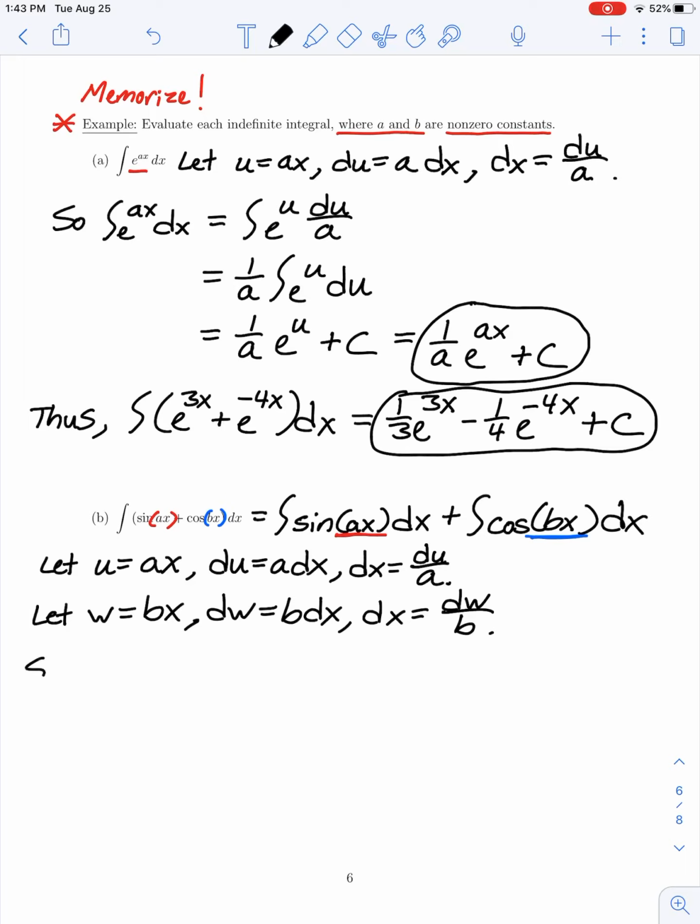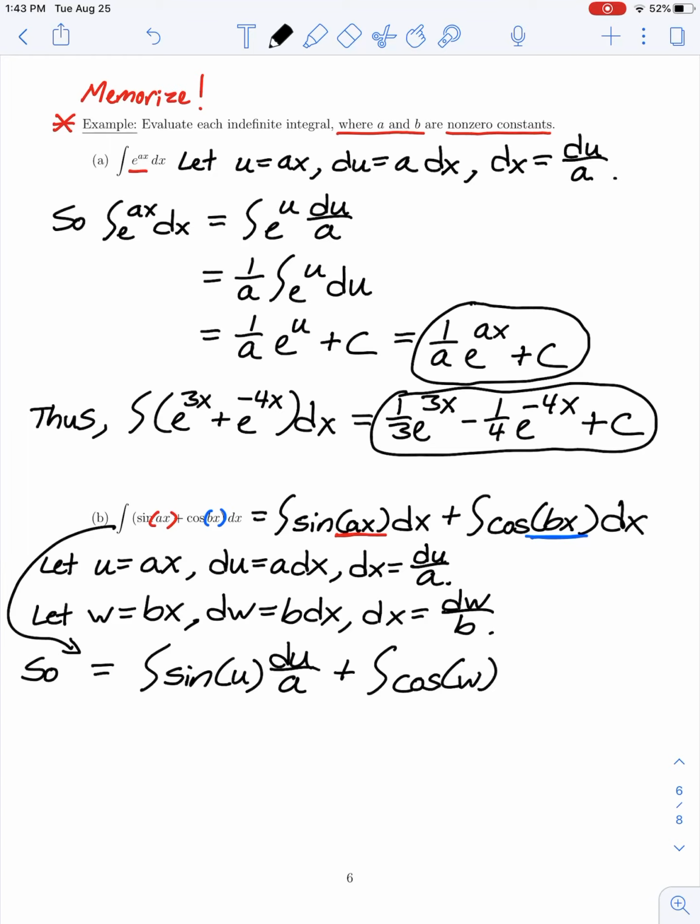So rewriting our integral in terms of u, we would have the integral of sine of u times dx, which we said was equal to du over a, plus the integral of cosine w times dx, which we found to be dw over b.